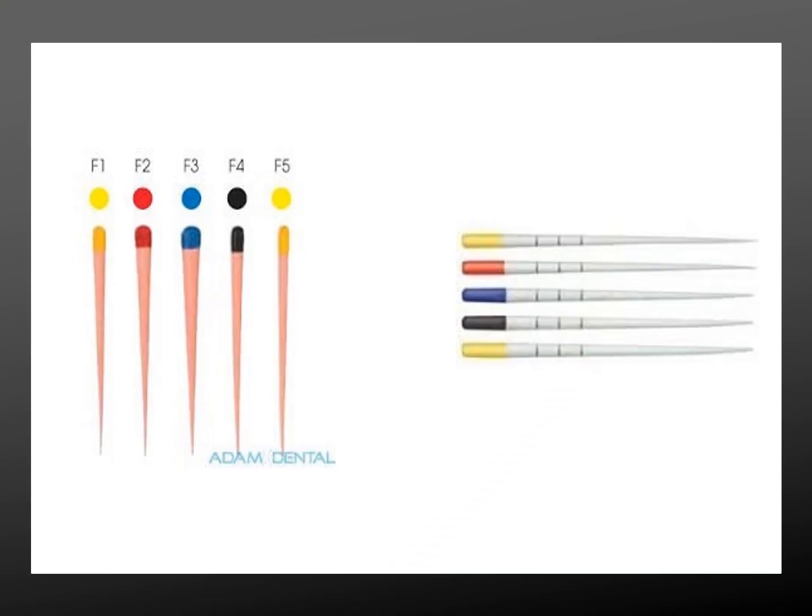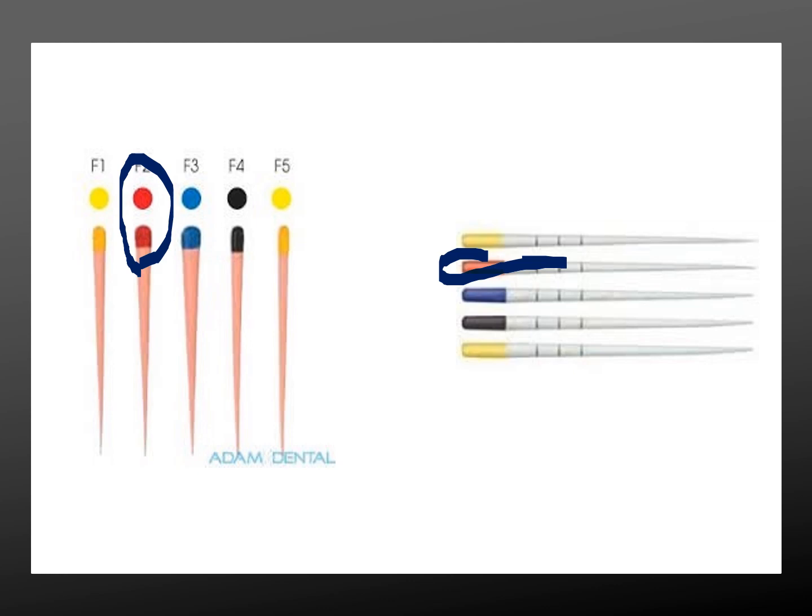Once you finish your cleaning and shaping with a rotary instrument like the ProTaper system, say you're stopping at F2, your last file used was F2. So you take the corresponding size paper point first and dry the canal.